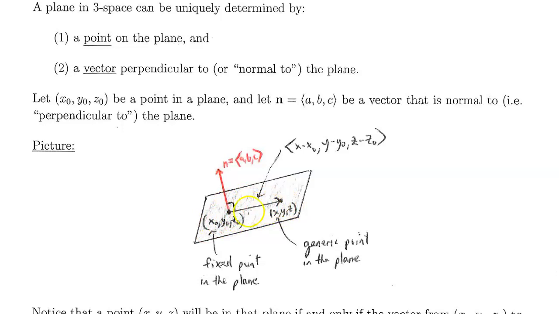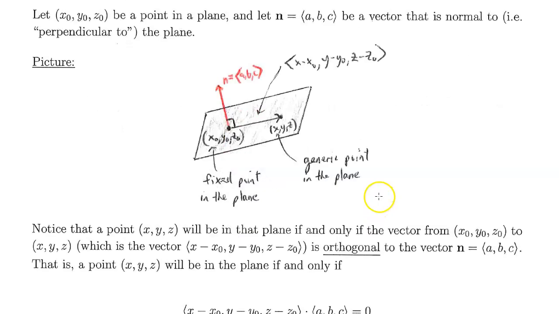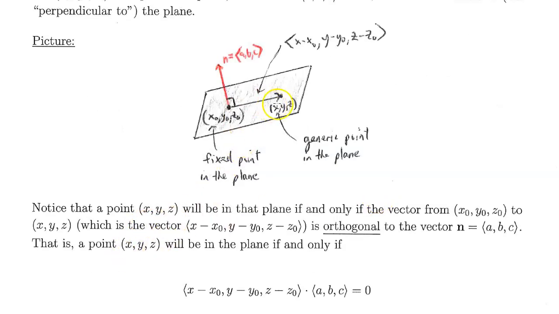Now this vector will be perpendicular to a, b, c, so when we take the dot product, we should get 0. Notice a point x, y, z will be in the plane if and only if the vector from x naught, y naught, z naught to x, y, z is orthogonal to the normal vector. I've just drawn one x, y, z here, but you can imagine any point in the plane and drawing the vector from there to there. That would be perpendicular to this normal vector.